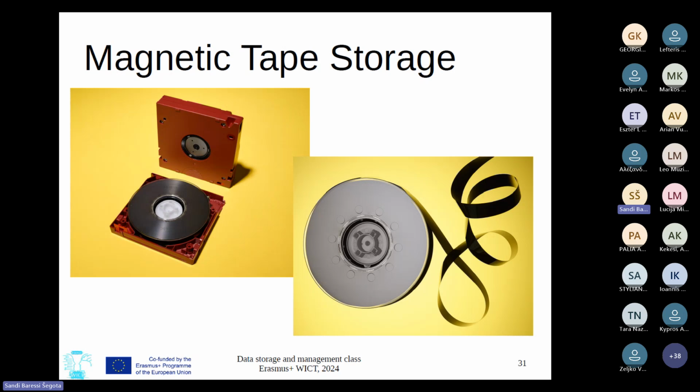What essentially this does is it stores those ones and zeros sequentially on this tape here. And when you want to access a piece of data, this whole spool will rotate. It will unspool until you get to the point where the data that you want is stored, and you will read that data.